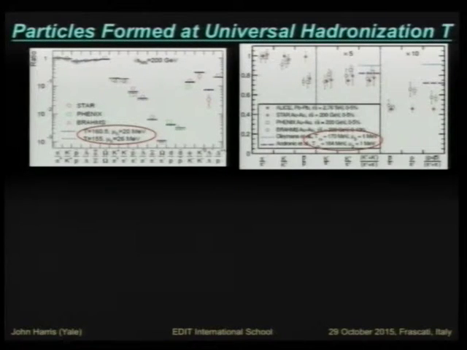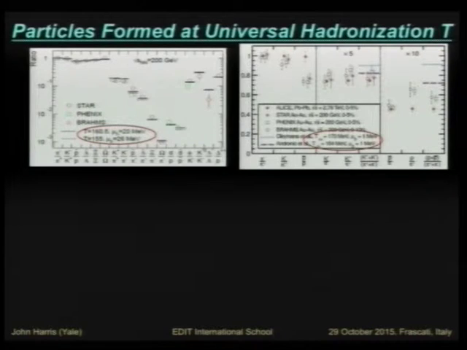And the models are the straight lines. The colored symbols, open symbols, are the data from RHIC at 200 GeV, gold-gold. These are LHC data, lead-lead in red, and then the RHIC data from over here as open symbols.